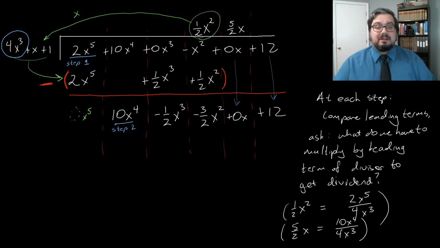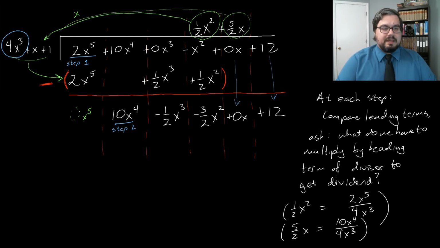And so that's where we get our next term in our quotient. In this case, we'll put a plus between them because that 5/2 is positive. And therefore, that's what we want to use. Again, we're going to take this and we're going to multiply it. And we're going to get another polynomial down here to multiply.